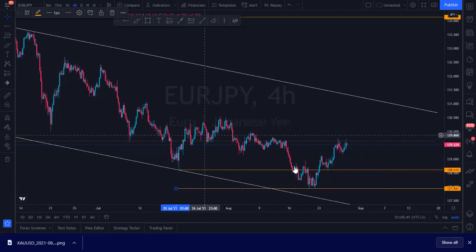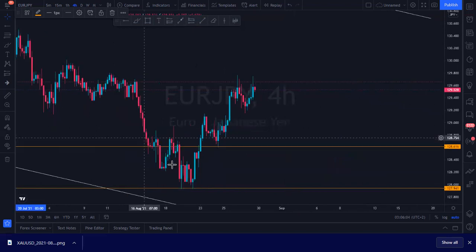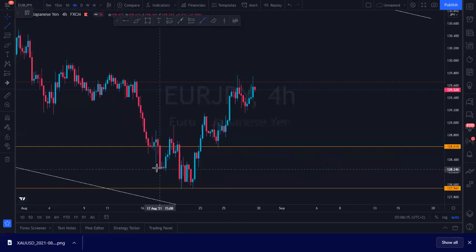I was expecting the price to reject from this level and move back to the upper side, giving us a double bottom. It didn't give us a clean double bottom, but it gave us a double bottom because the price on the way broke below this support level. It was corrective in nature and gave us this wedge pattern.